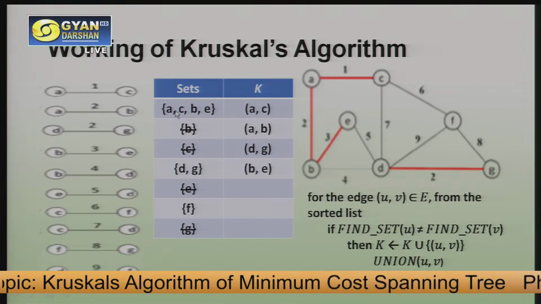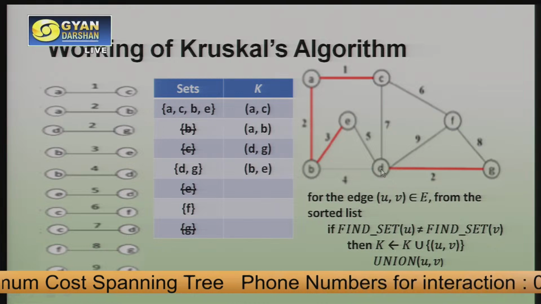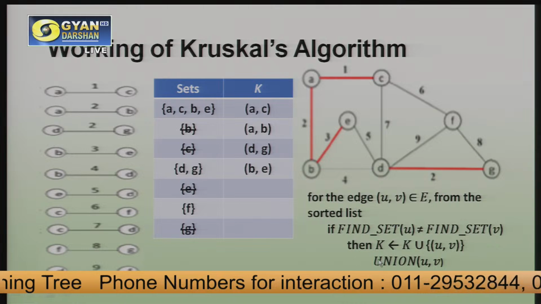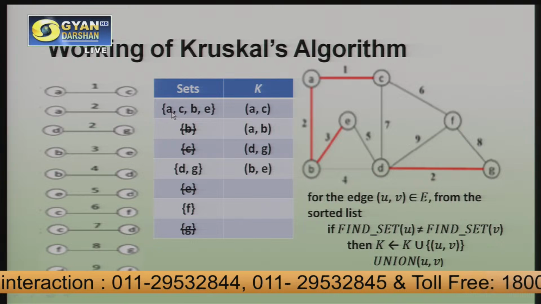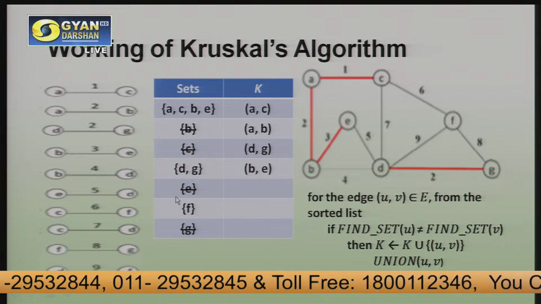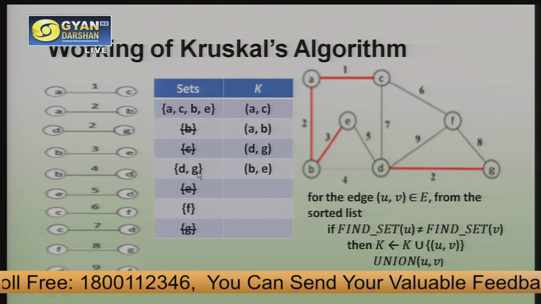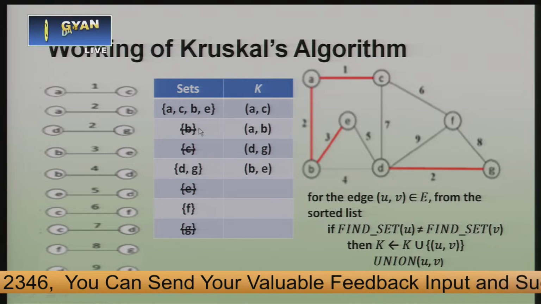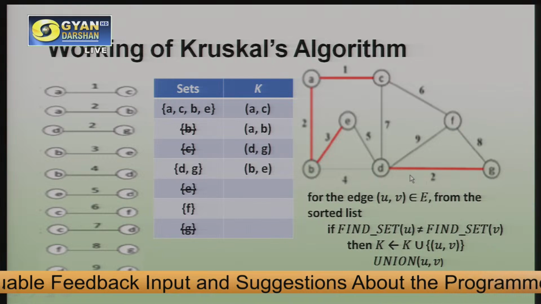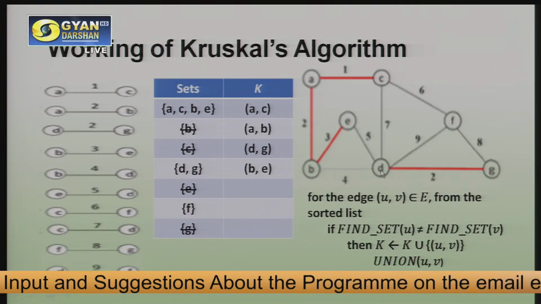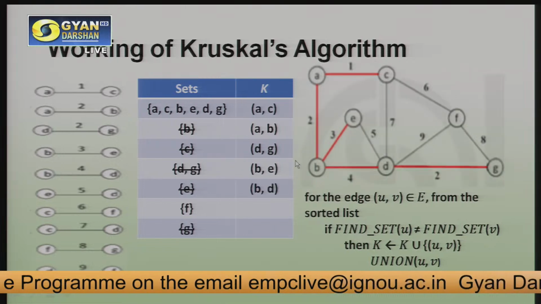B belongs to the ACBE set, and D belongs to set DG. So this union operation will form the union of A, B, C, D, G and E. They all will be put in a single set, which is the union of these two sets.